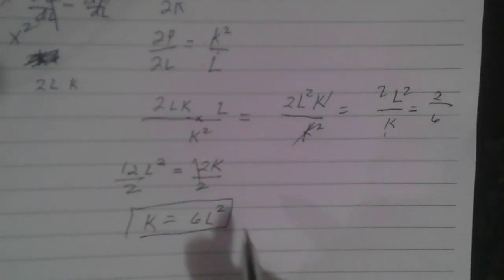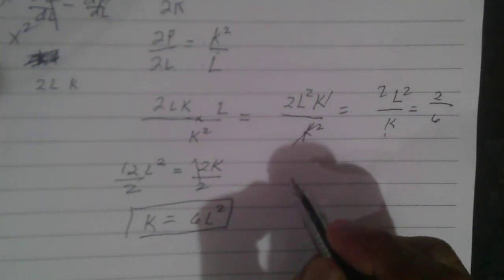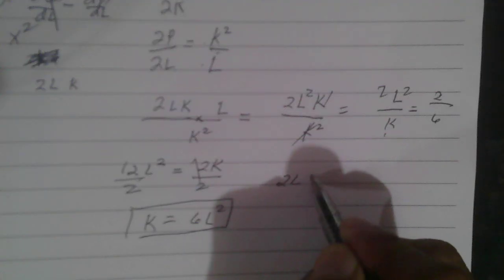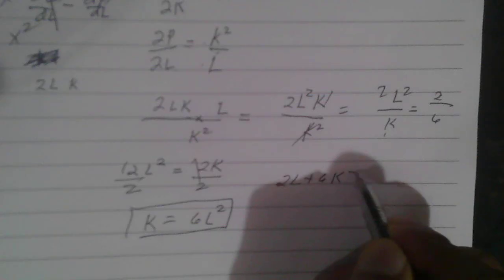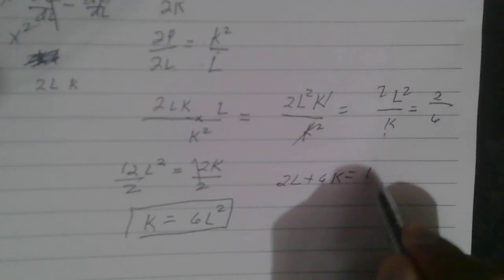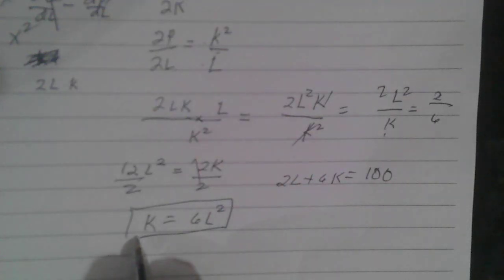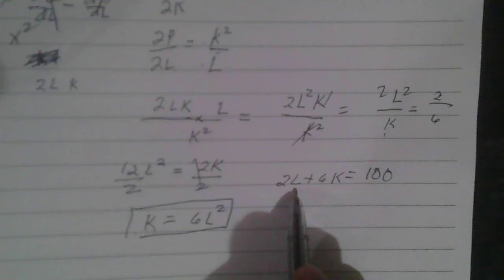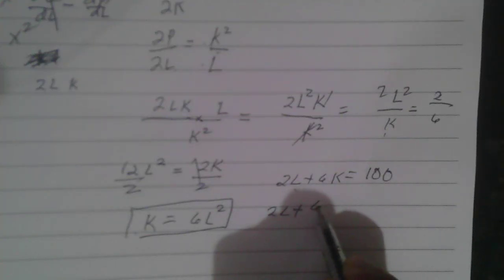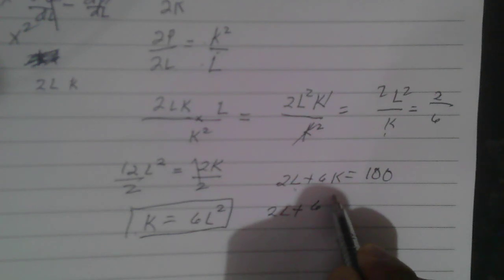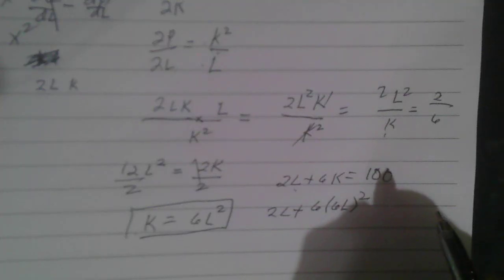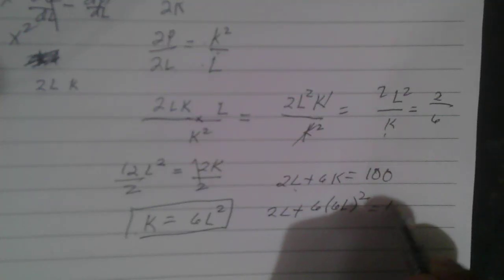And substitute this into your budget line. Your budget line is twice labor plus 6 times capital equals the budget; let's say the budget is 100. So 2L plus 6 times 6L square equals 100.